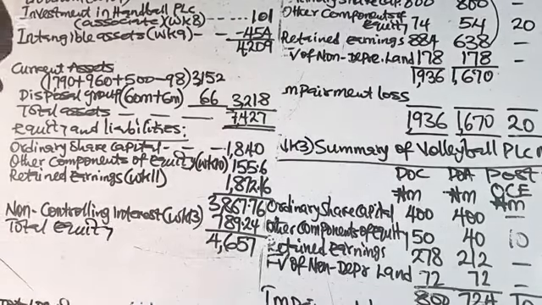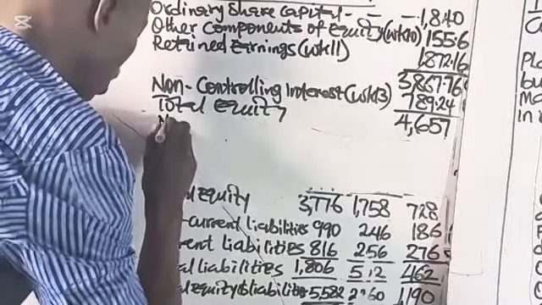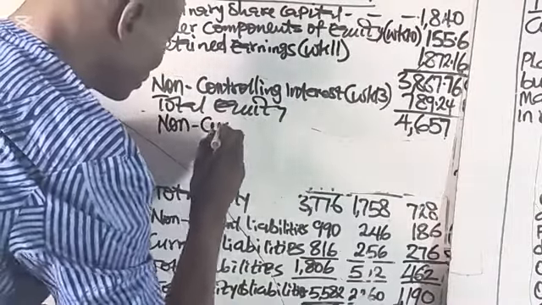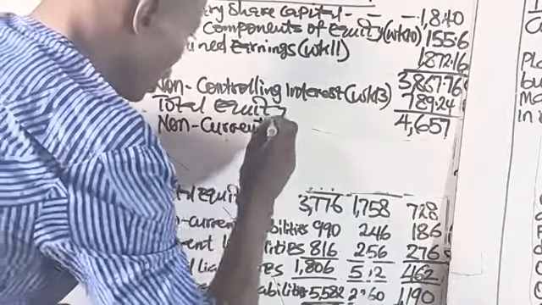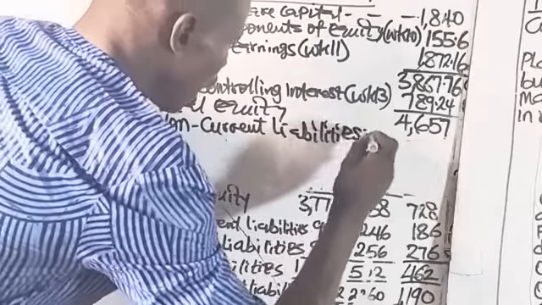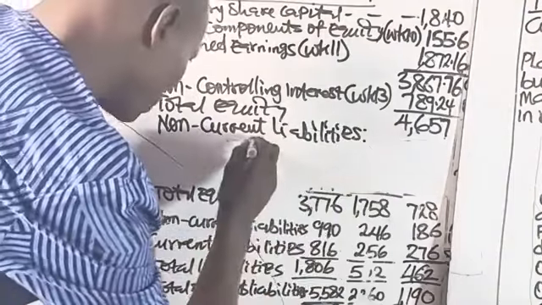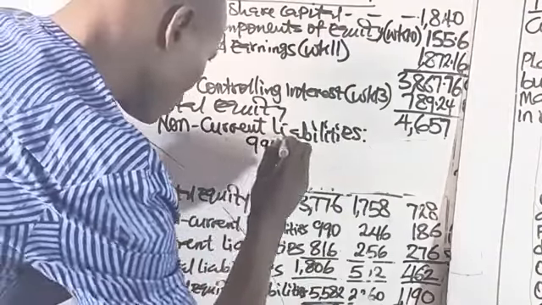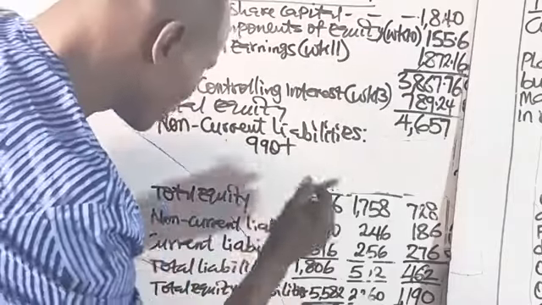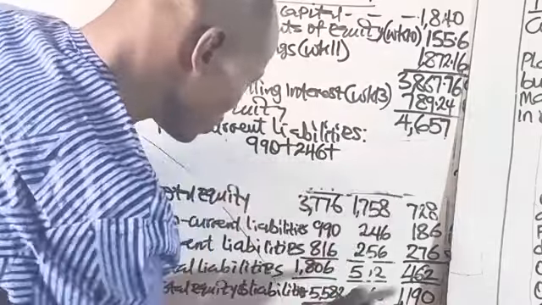After the total equity, then we have the non-current liabilities. Our non-current liabilities include 990 for Sport PLC, plus 246 for football and volleyball.